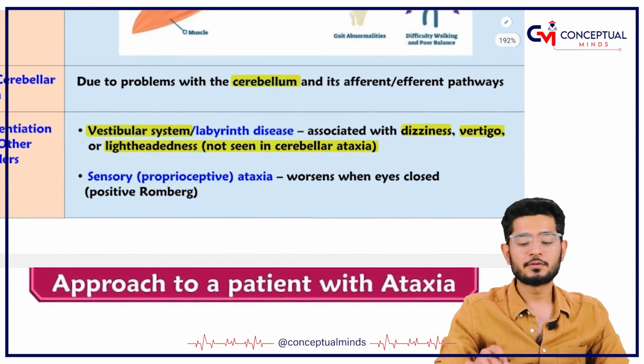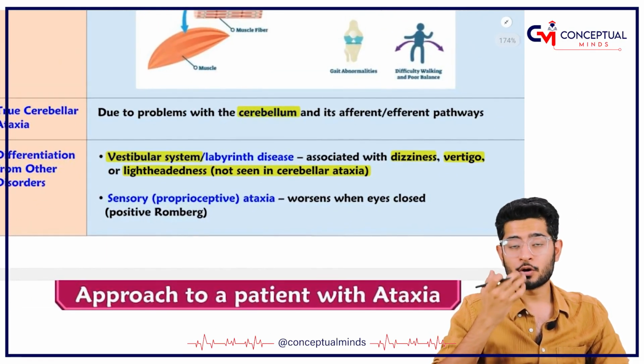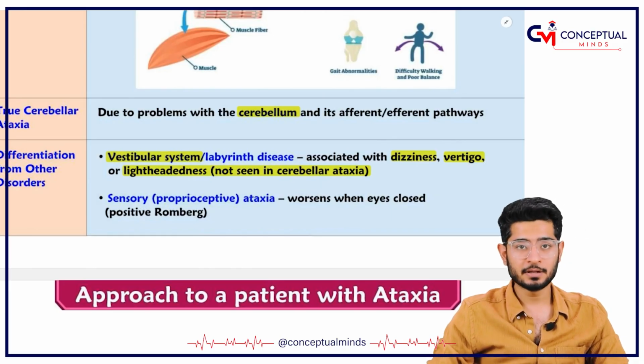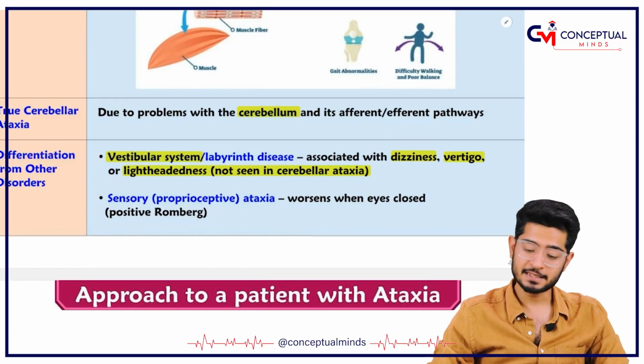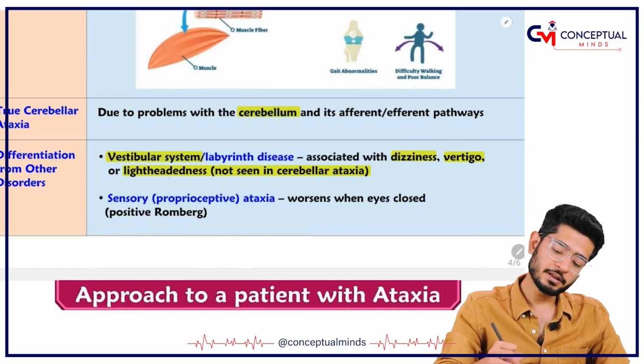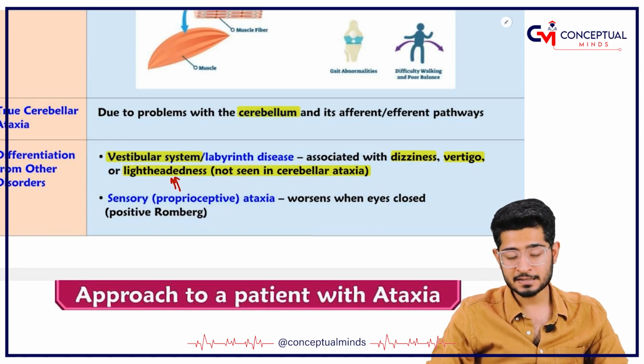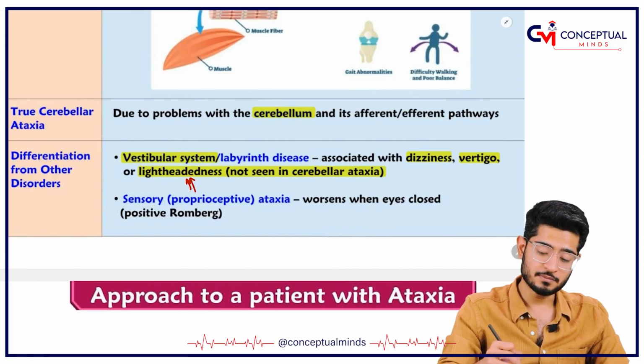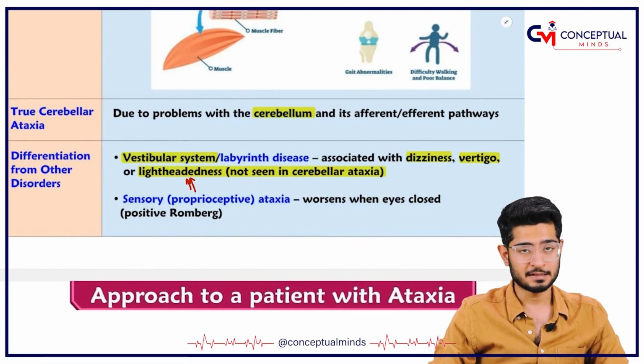So very simple, if you want to know whether the patient has a cerebellar cause or a vestibular cause of ataxia, you can easily check it with the help of lightheadedness. If there is lightheadedness, vestibular is going to be the cause.